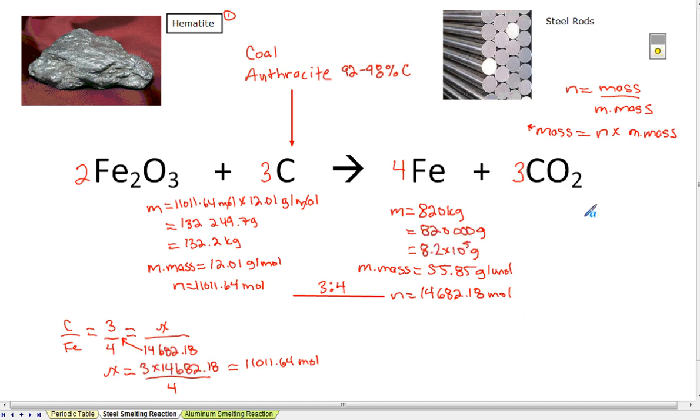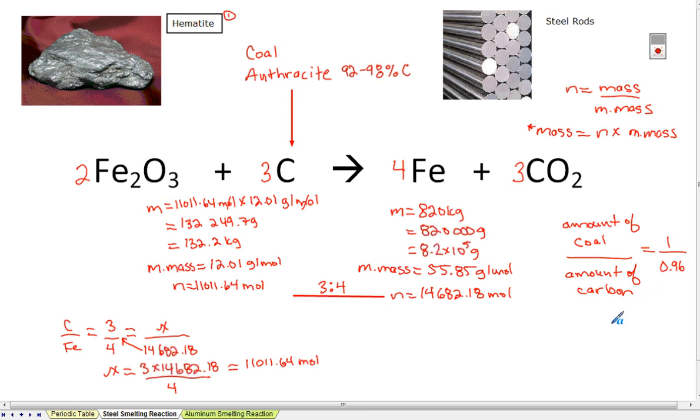Now, if we know that the ratio of the amount of coal to the amount of carbon is 1 over, we'll pick a number between 92% and 98%, so we'll say 96%, so that'd be 0.96.